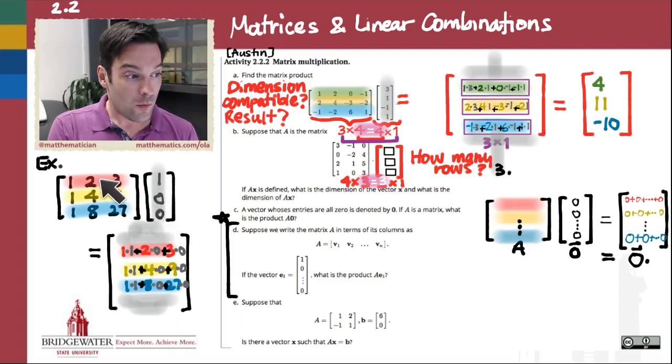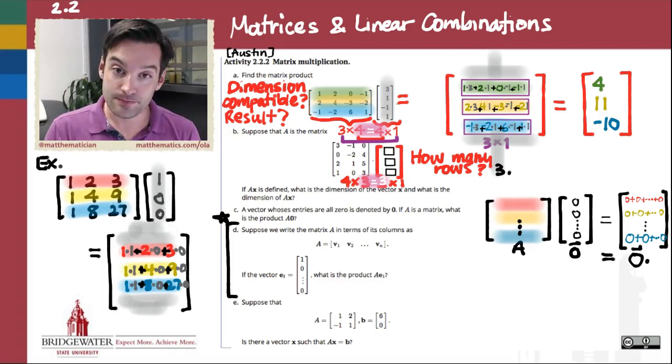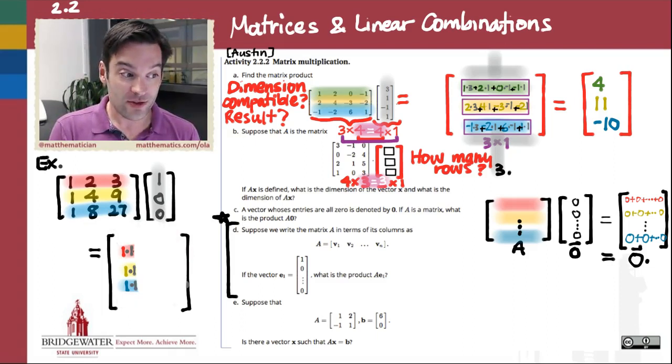But notice which of the entries over here are going to get multiplied by the zeros, and which are going to get multiplied by that 1 in my vector. That 1 is going to end up multiplying this entry, and that entry, and the zeros are going to end up multiplying everything else. So that when I add those products to one another, the only things that are going to survive are the entries in that first column.